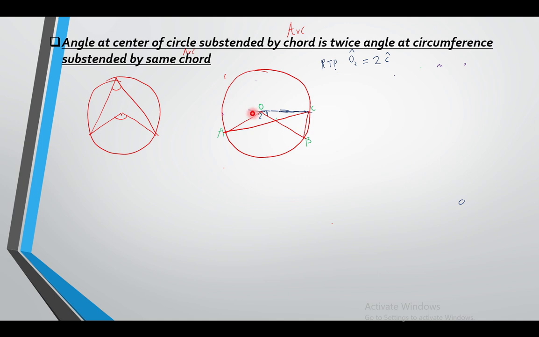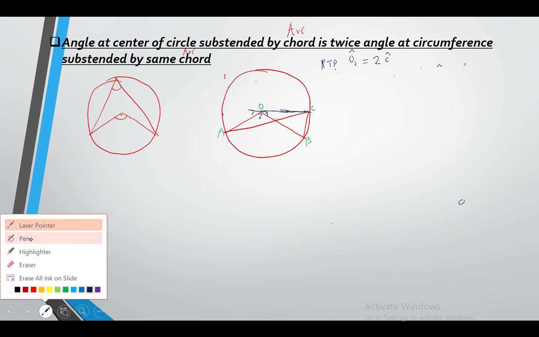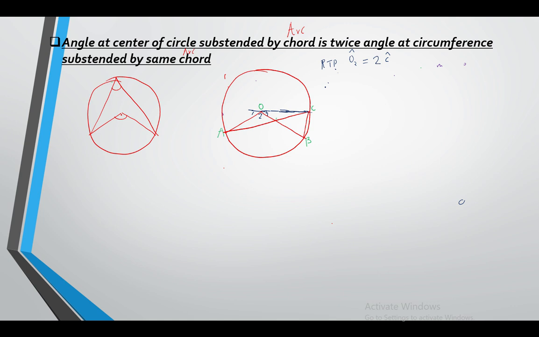And I said to you, the exterior angle of a triangle is equal to the sum of the opposite interior angles. So in this case, the angle O1 is equal to the angle A plus, I prefer using numbers, C1.